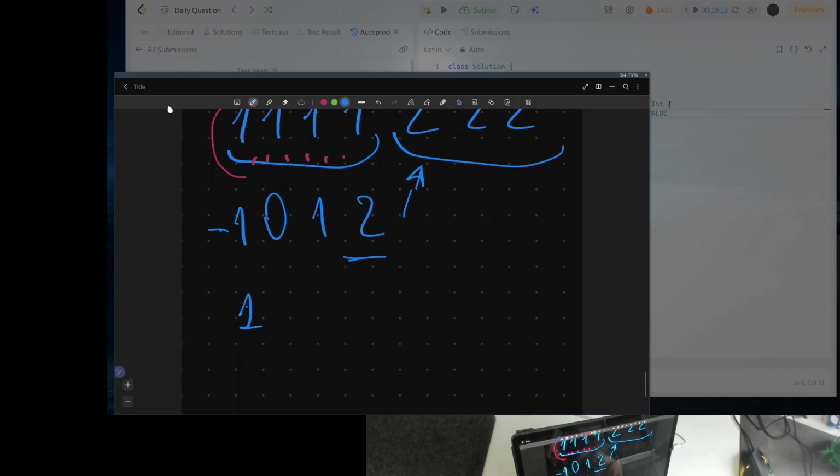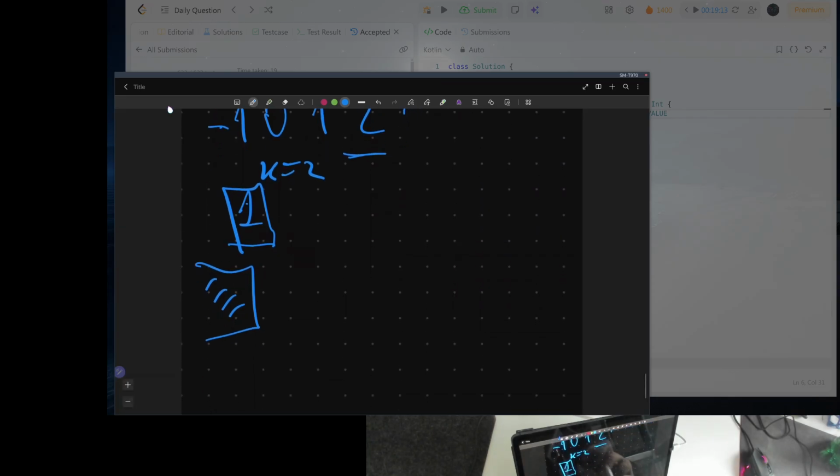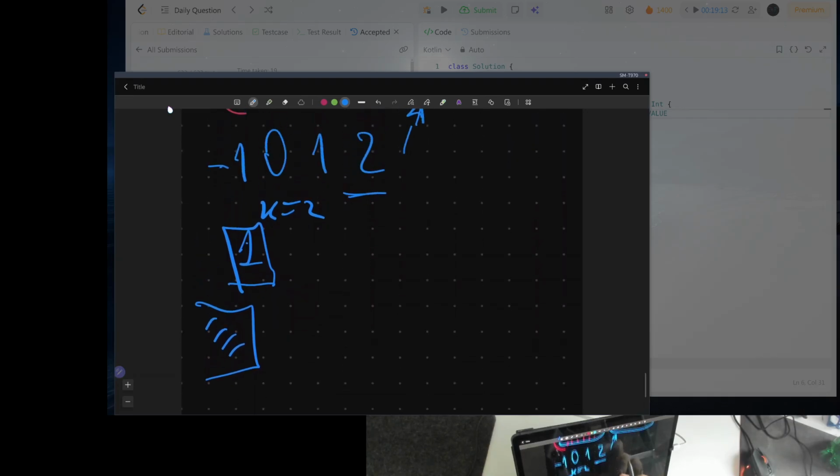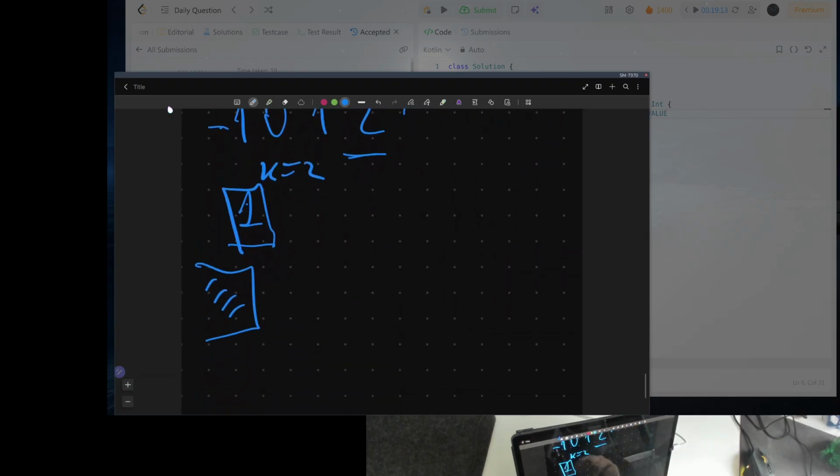Imagine the first number: k is 2 and the number is 1. We want to check, are we allowed to take it or not? We know about the previous parts, some numbers are already used, and this previous part is sorted, because we are going from the lowest to the highest, so we can just store one maximum used value.